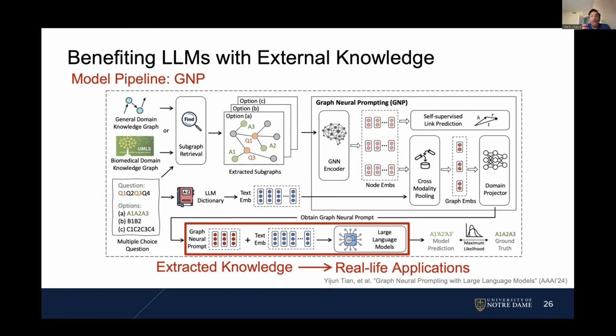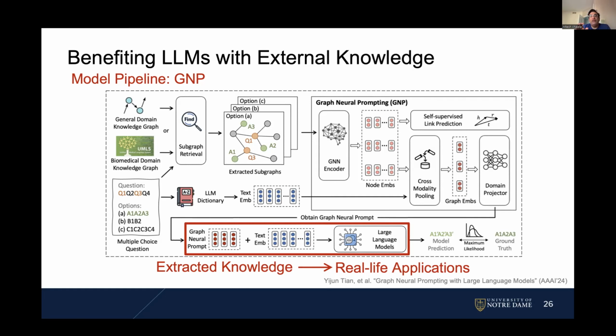So now what we have developed is a graph neural prompting approach where these extracted subgraphs could be represented as a graph neural network in its encoding layer. And it could do node embeddings and what have you. And we can now do self-supervised link prediction as well, to know that these are the pathways in a knowledge graph that should be connected, etc. We could combine different modalities based on the LLM dictionary.